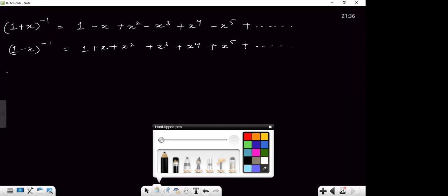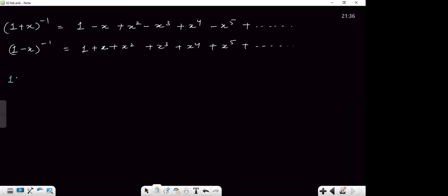Let's now discuss the value having -2 in its power. So here it will start from 1 - 2x + 3x square. Let me just wait, give me a moment.